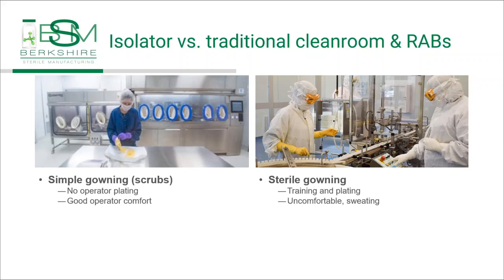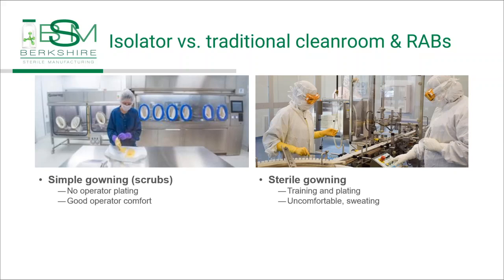There's a lot of training that goes into training an operator in how to do the sterile gowning. There's a lot of plating that's required. And essentially the operators have to be validated in how to don their sterile gowns and goggles and how to perform operations in a sterile environment. These are typically relatively uncomfortable, and they can lead to a lot of sweating of the operators.